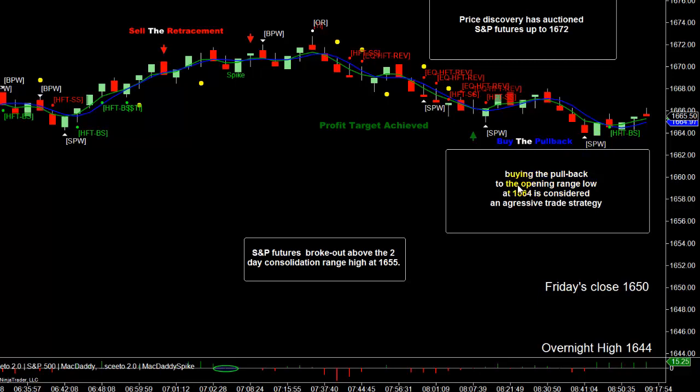We noted in the trade status monitor that that was considered to be an aggressive trading strategy. Buying the pullback at 64 was not an ideal entry level. Again, the ideal entry level we were looking for was down at the 65s, almost 10 points below there. But we expected to see the S&P uptick back at or near 68.